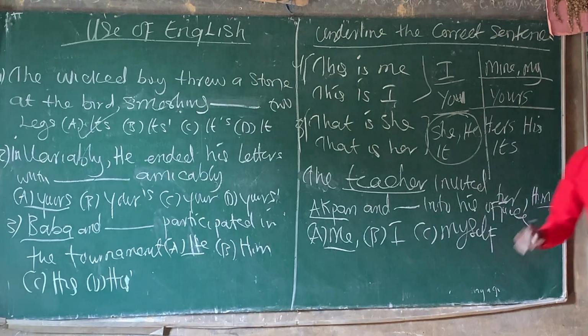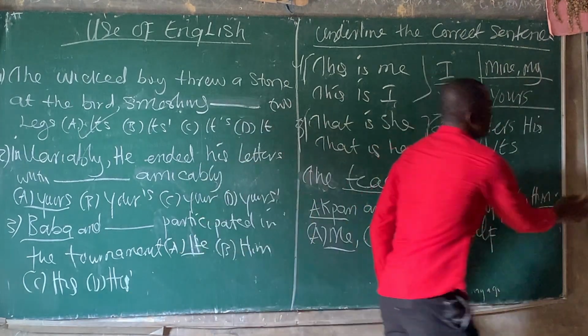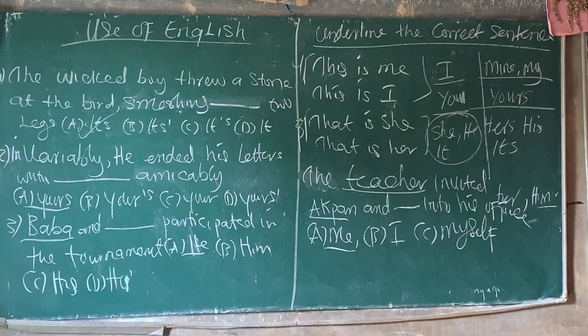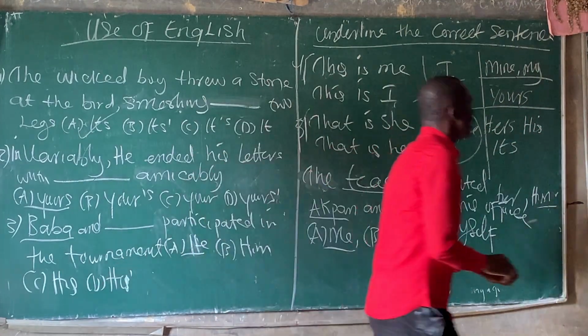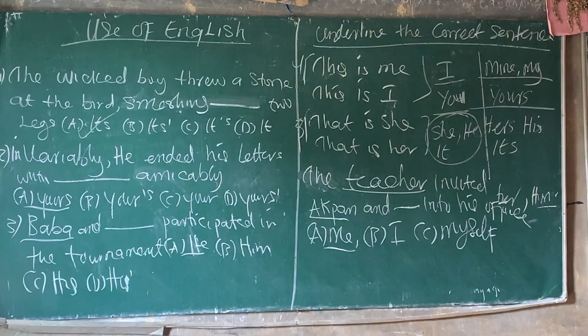Having said that, let me get that chart. I need to give you the third person, both the plural and the singular. For the third person singular, you use he, she, and then it. Okay? He, she, it. At the subject level. Aware? The subject.